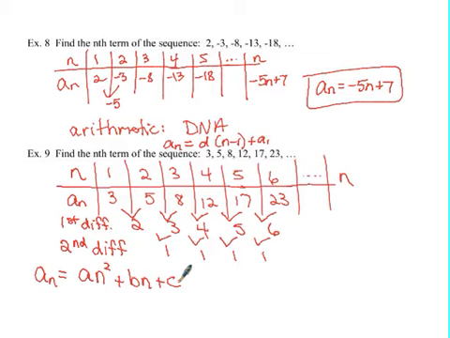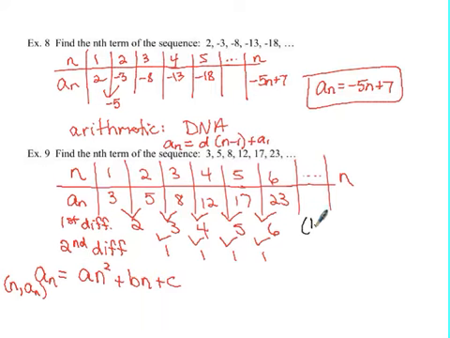We don't know a, b, or c. So what I'm going to do is every ordered pair is n, comma, a sub n. Or it might be easier to think of it in terms of it's x, comma, y. So all you need is 3 equations to solve for 3 unknowns. So what I'm going to do is, let me change color so you can see the change I'm doing.